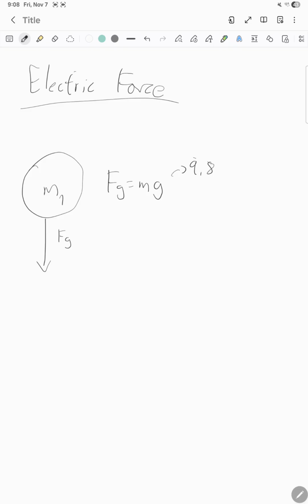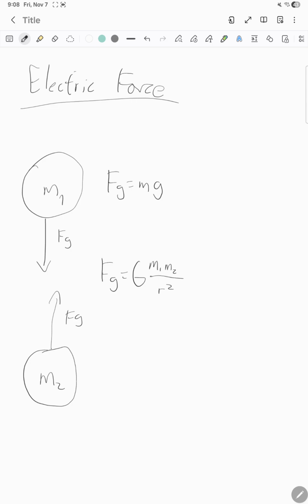Or if you want to know the force between two masses, M2 attracted to M1, the equation is Fg equals the gravitational constant G times m1 times m2 divided by r squared, the distance between them squared.